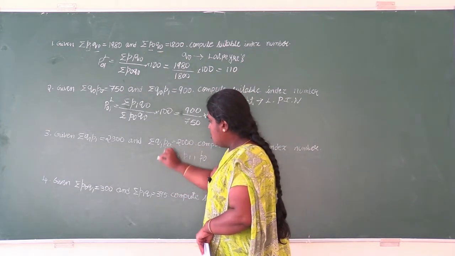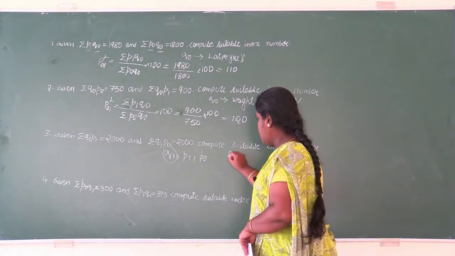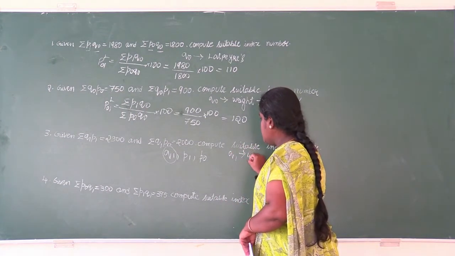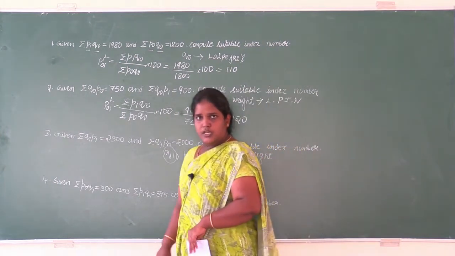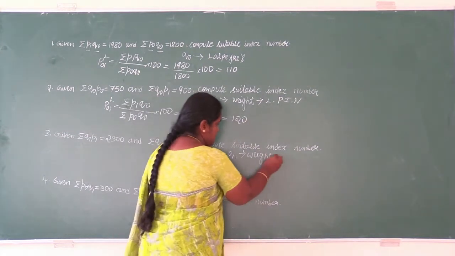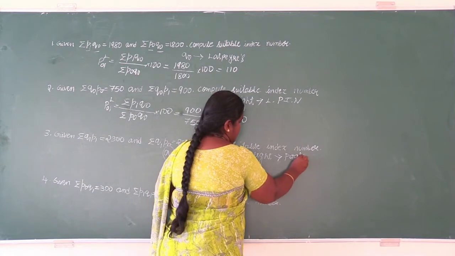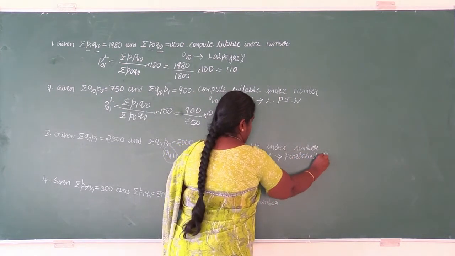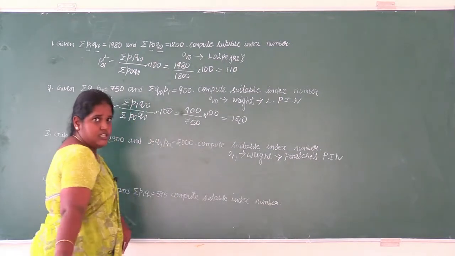Q1 is the common element. So Q1 will be taken as weight in Paasche's price index number. Q1 is taken as weight, that is, the current year quantity is taken as weight in Paasche's price index number.